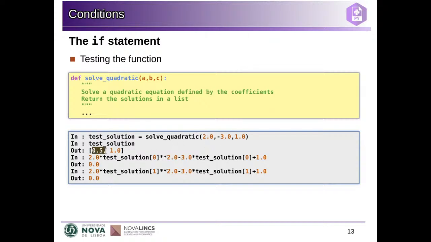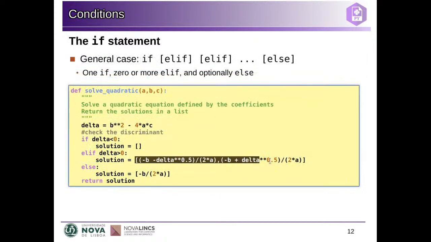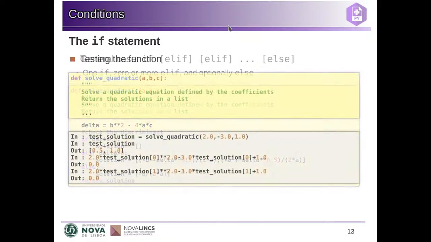So for example, to use the first solution we get here, we can do 2 times this value squared, because this would be the value of x, minus 3 times that value plus 1. So we could do this and check if it's close to 0. It should be, because if this is a root of that curve, it should be close to 0. Then we can do the same thing for the other solution. Remember that in this case we are getting an array, a list with the two solutions.